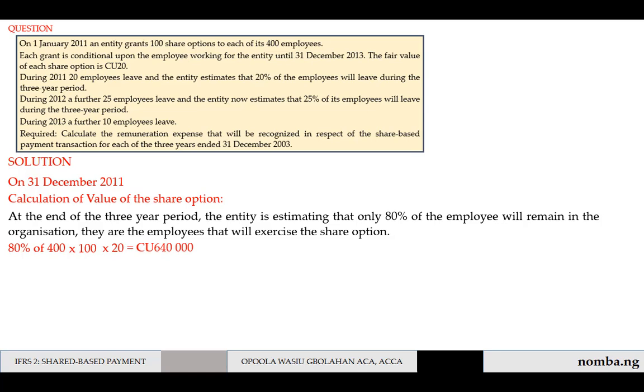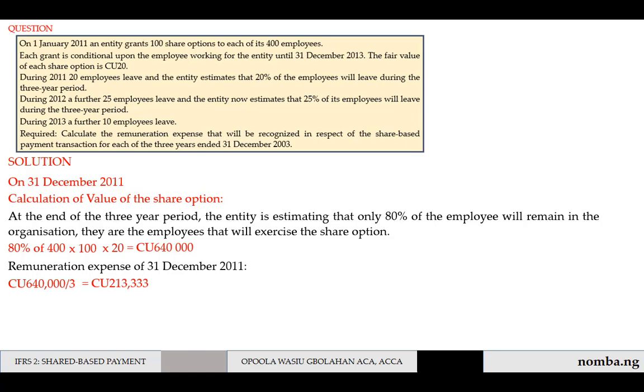Now, this 640,000 is for the 3 years. The remuneration expense attributable to the current year, which is December 2011, will be 640,000 divided by 3. And that is 213,333.